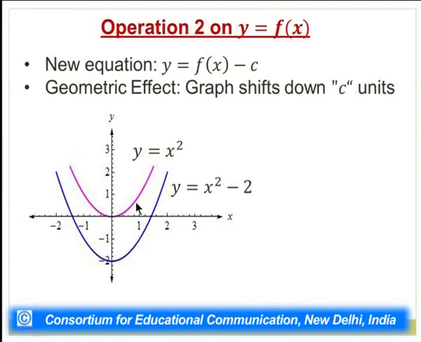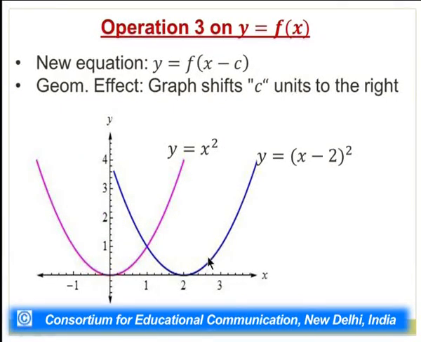So here again, if we start with the graph of y equal to x square, and I want the graph of y equal to x square minus 2, that will be nothing but a downward shift of the graph y equal to x square by 2 units.